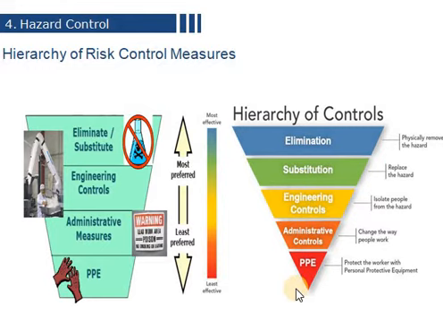So this means that we shouldn't rely on personal protective equipment and say that this is how we are trying to control the risk. We should try from the measures found at the top of this hierarchy and then go down, because these are the least effective.